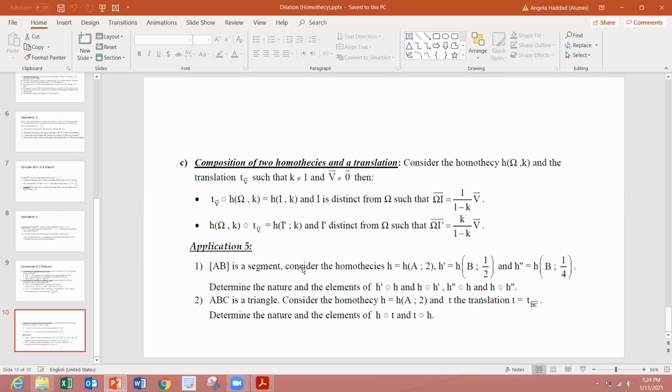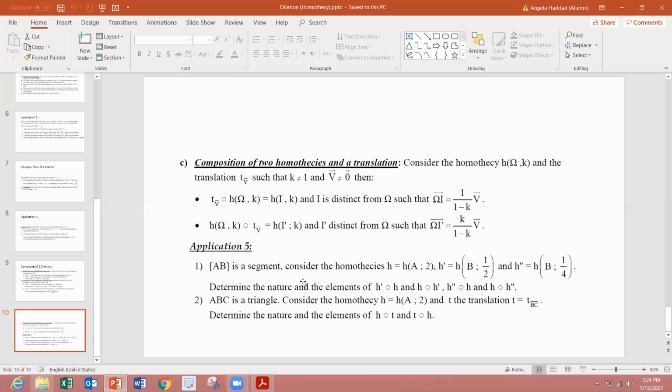Given a segment AB, how are the dilations given in this exercise, in Application 5? Steve, tell me, how do we have the dilation? We have segment AB with dilation H of center A, ratio 2, and dilation H prime of center B, ratio half, and dilation of center B, ratio 1 over 4. Determine the nature and elements.